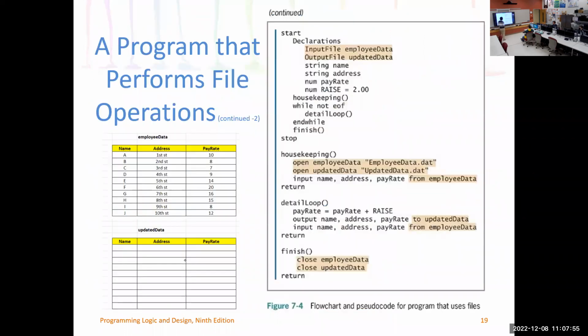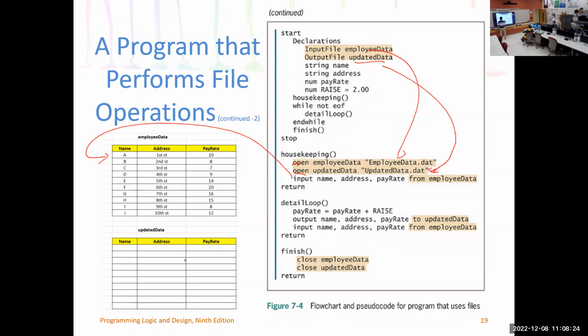And I also expect that when you look at the pseudocode, you know how to do the program. You have to declare 2 variables: one associated with the file, and one associated with the modified file. For the housekeeping, you have to open the 2 files, and you read the first record of the database.